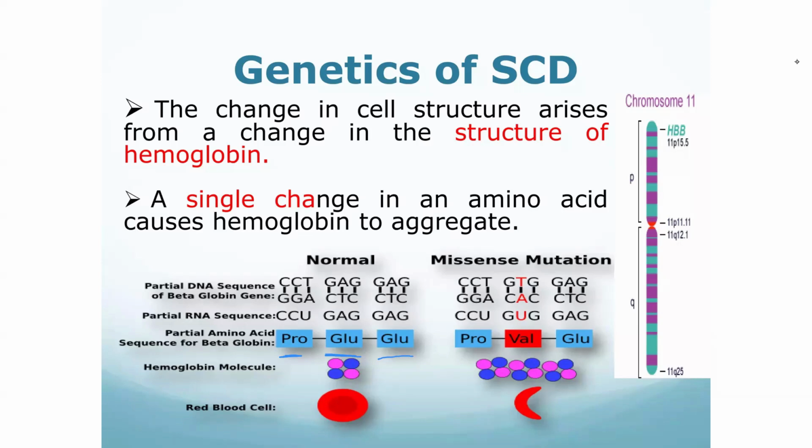But in the case of the sickle cell patient, there is a mutation. We call it a missense mutation.